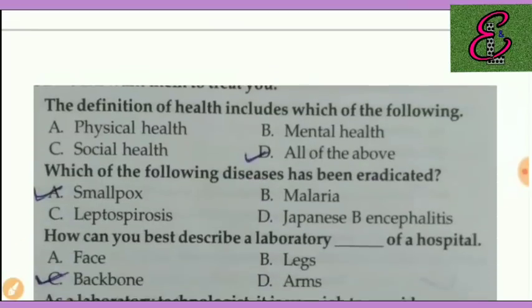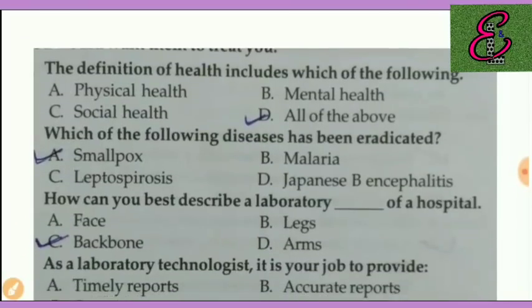Next question. The definition of health includes which of the following? The definition of health includes physical health, mental health, social health, all of the above.